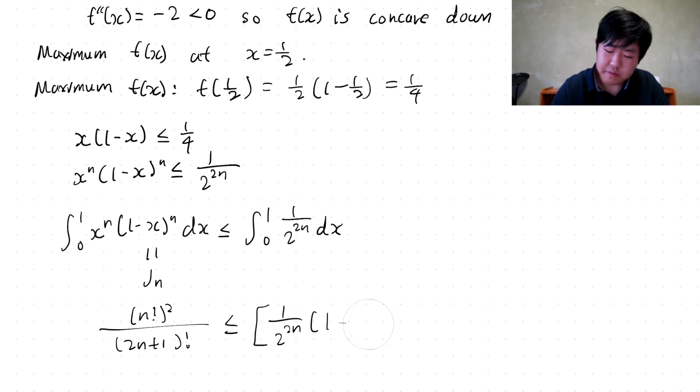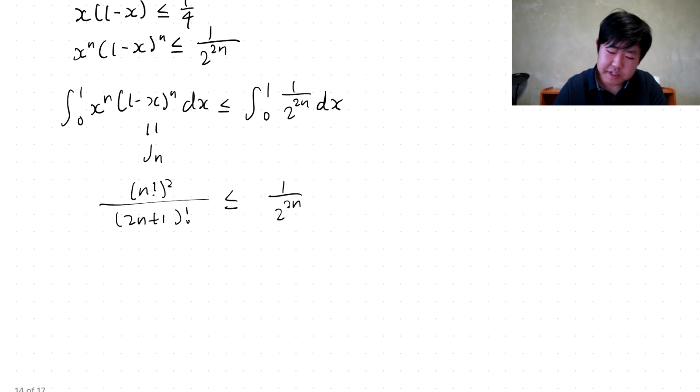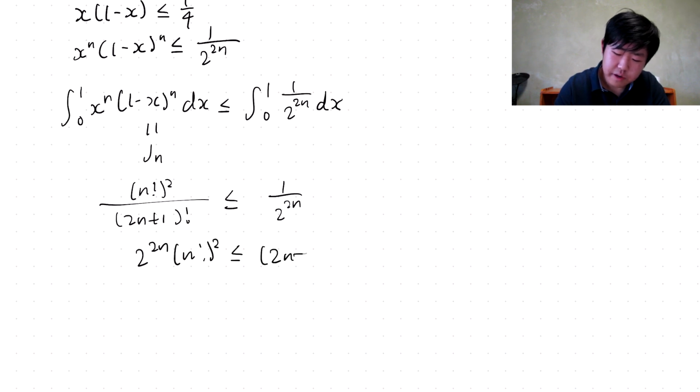So let's just get rid of all that. And the very last step is 2 to the 2n, n factorial squared, and then 2n plus 1 factorial, and just last thing, 2 to the n, n factorial whole thing squared is smaller or equal to 2n plus 1 factorial.